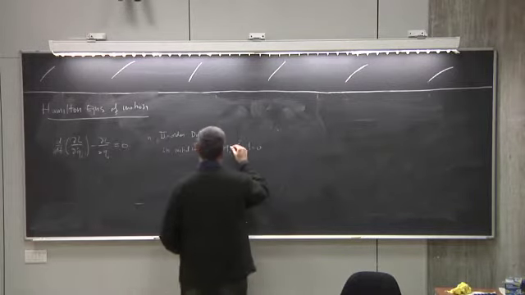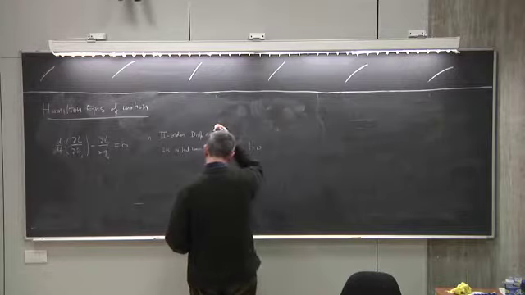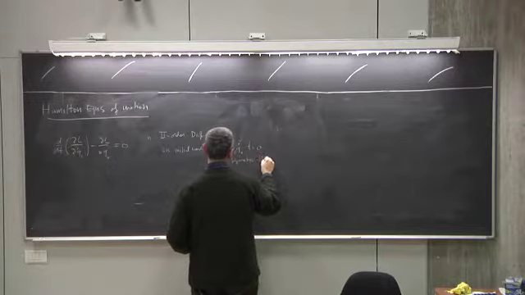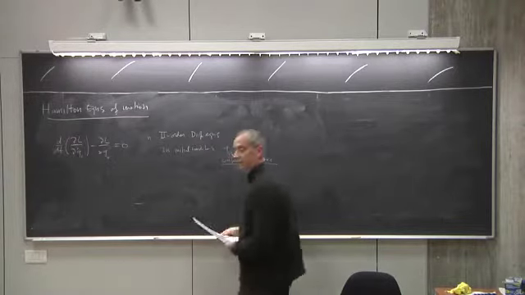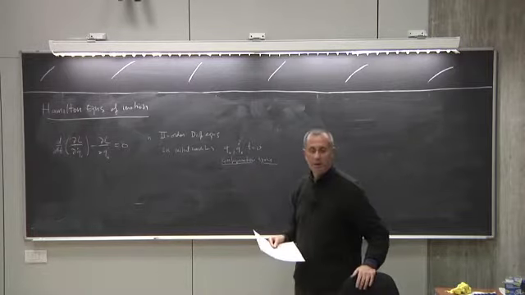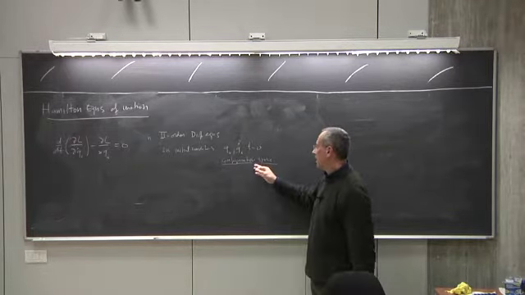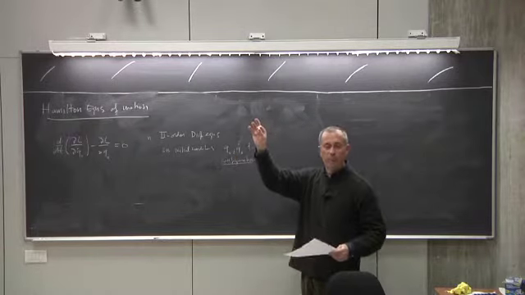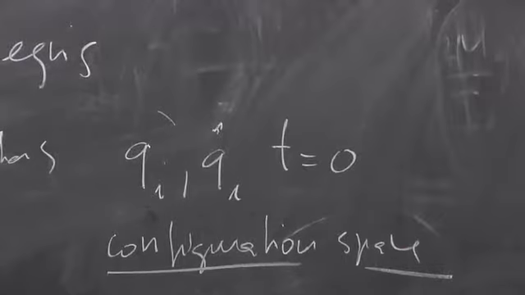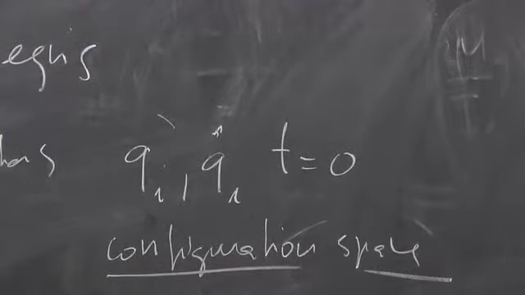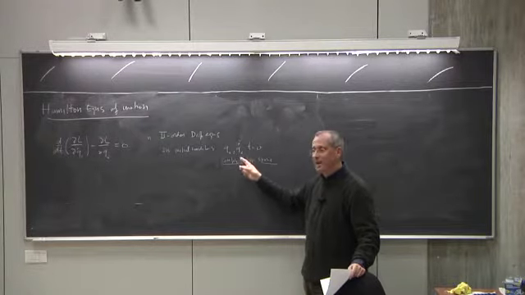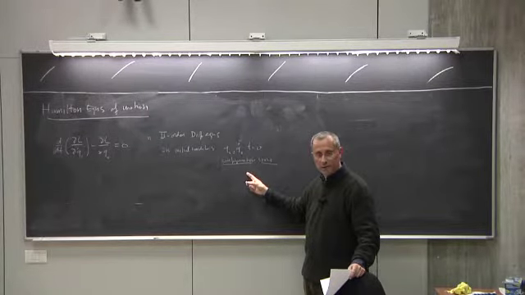Now, this space here is called configuration space. I already mentioned that. That is the space given by your coordinates. And you remember, it's an n-dimensional space where your system becomes just a point. That's a nice thing to think about, right? No matter how complicated the system, it is described by a point in this n-dimensional configuration space, right?